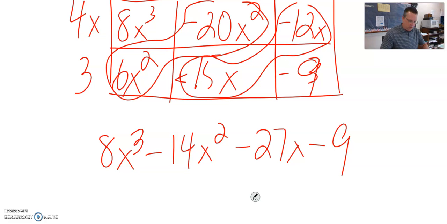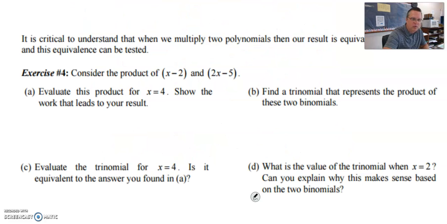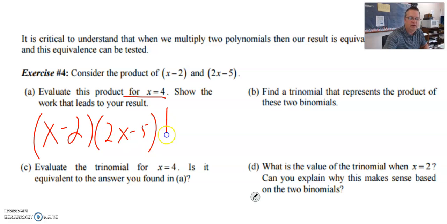Exercise 4. Consider the product of value. Again, this is just the "such that." Find a trinomial that represents the product of the two binomials. You have to be very careful and make sure you interpret what they're asking. If we wanted to evaluate this first, you could do it in your calculator, such that x equals 4, and that would work.